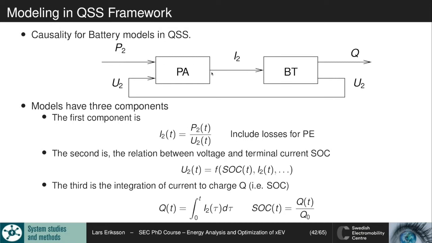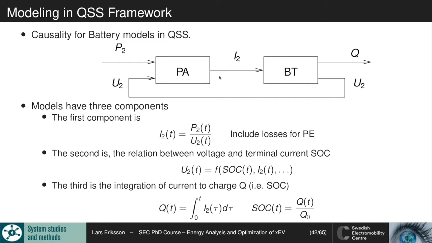And it goes into this power amplifier that is essentially a converter that takes the electric power in, and depending on the voltage that the battery has, it gives a current that depends on the current state of the battery. The model for a battery has three components.